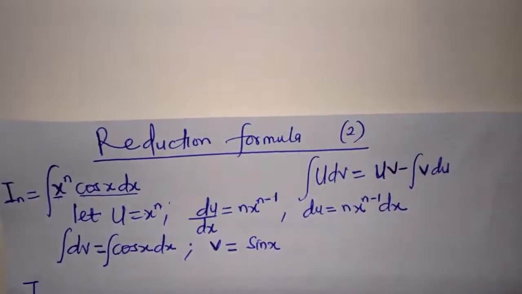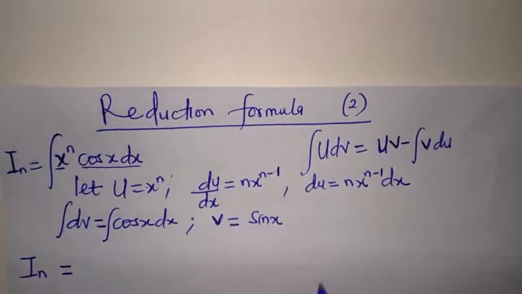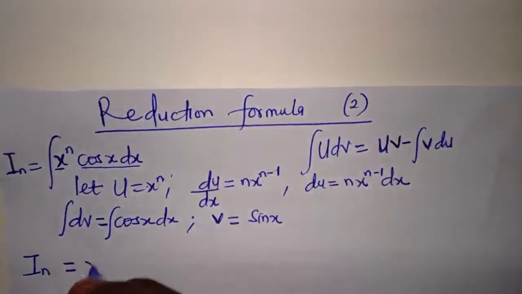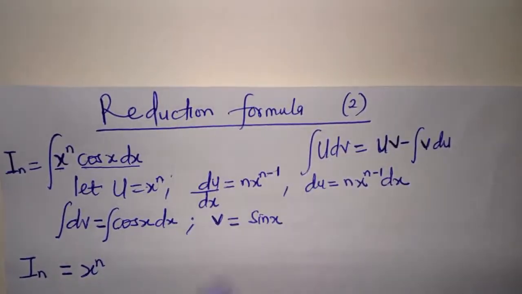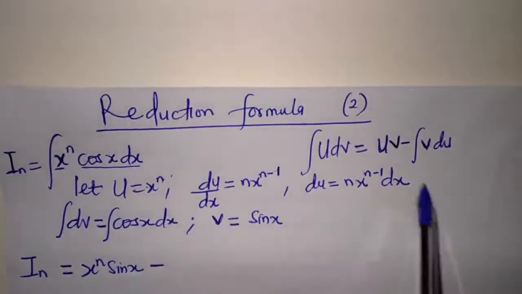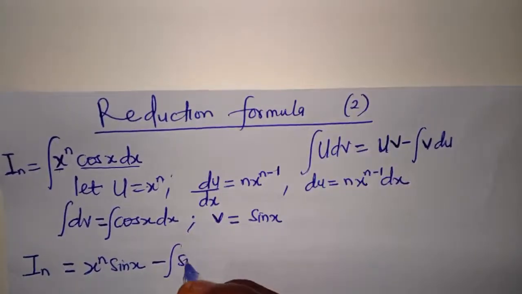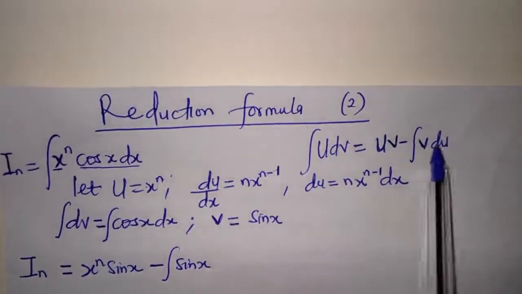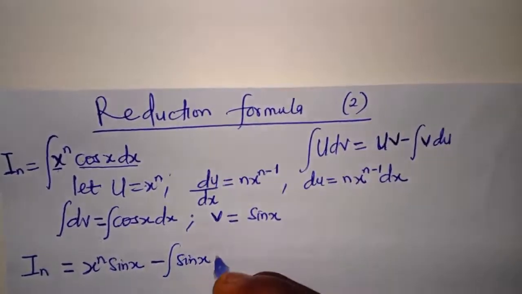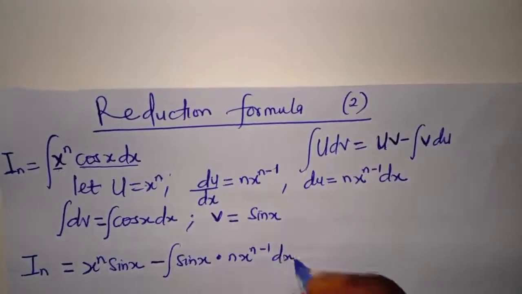So I sub n, which is this integral, is equal to u is x to the n, v is sine x, minus the integral of v, which is sine x, du. And what's du? n x to the n minus 1 dx.